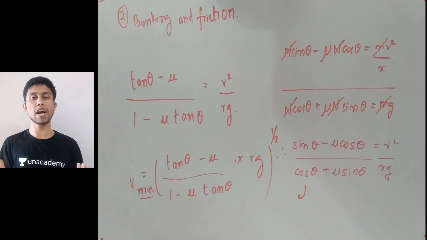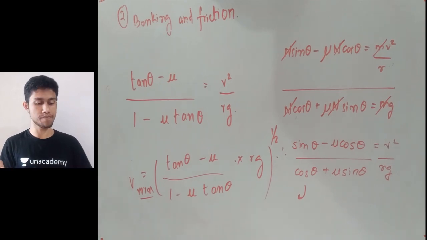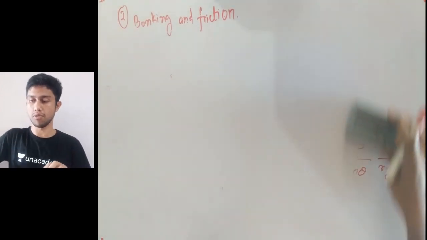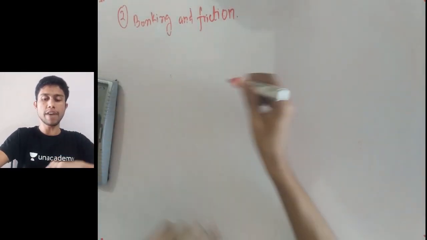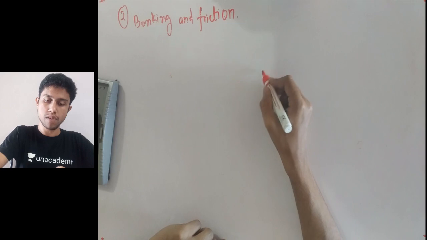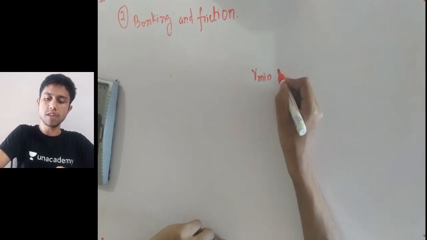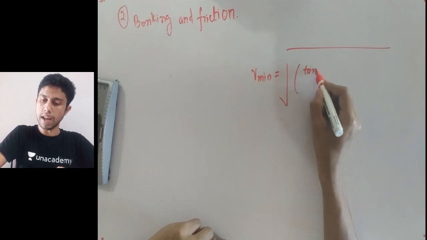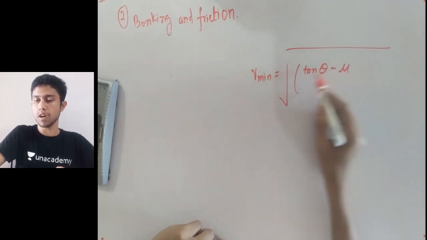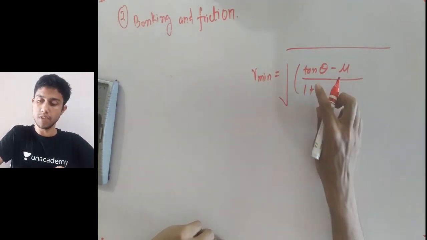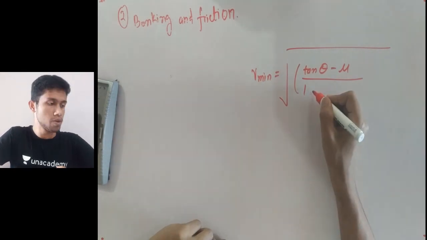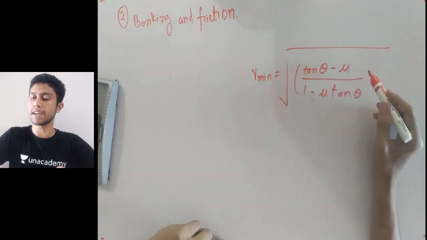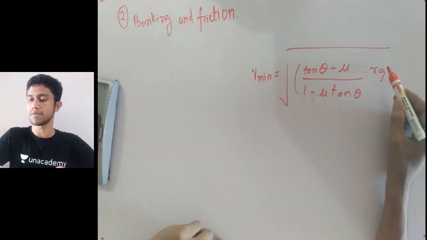Now we'll be finding out the expression of v maximum. But before that, I'd like to elaborate this formula even more. Suppose we had the formula v minimum is equals to root of tan theta minus mu upon 1 plus mu tan theta, into rg.